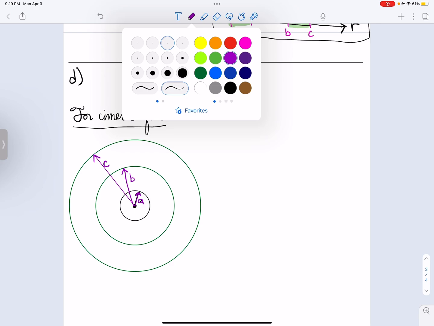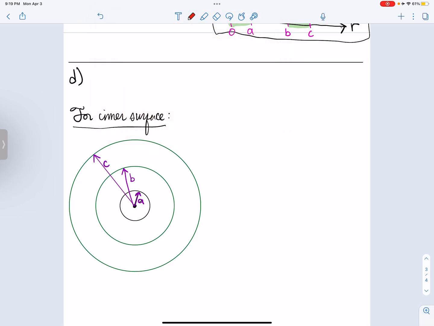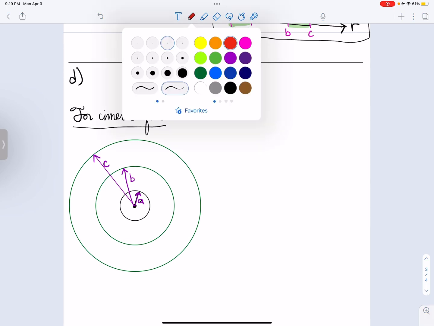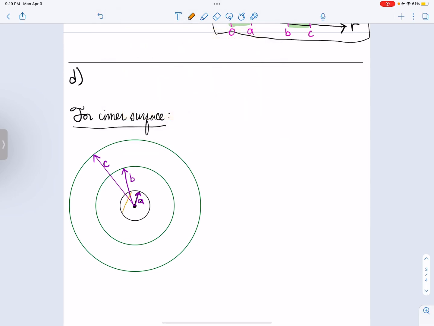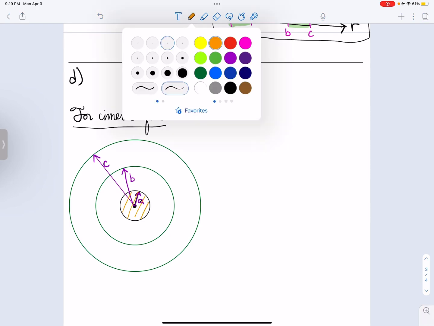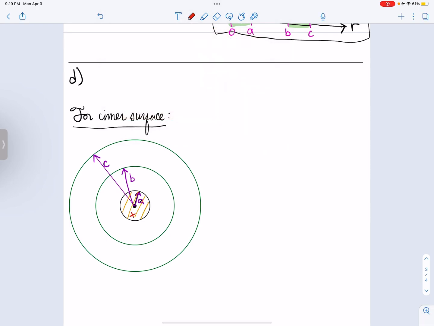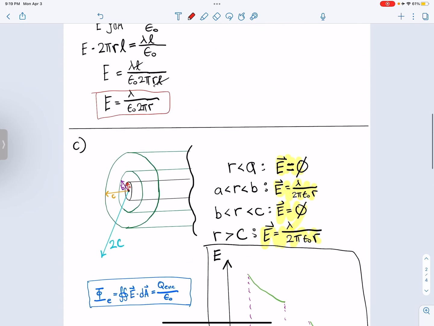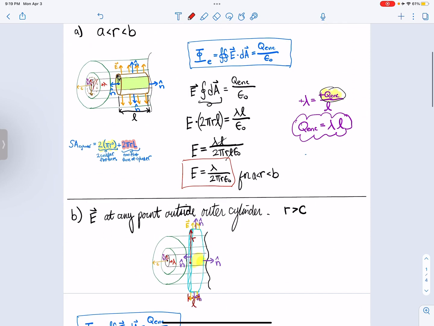And my inner cylinder has a charge of positive lambda L. We solved for that earlier.